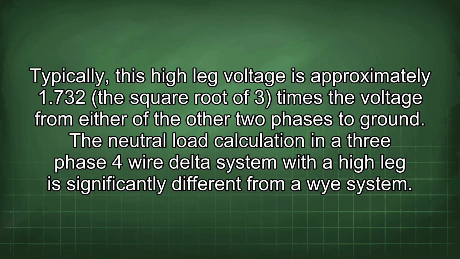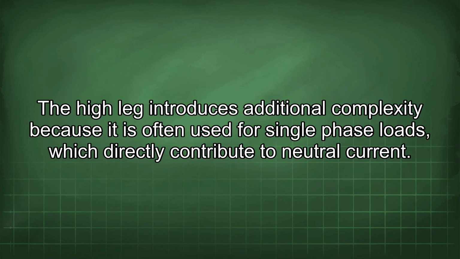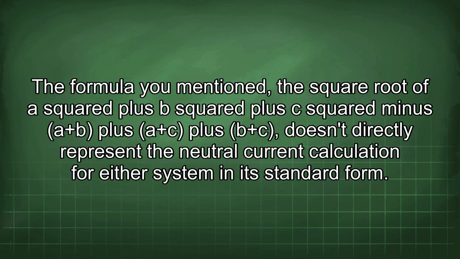The neutral load calculation in a three-phase 4-wire delta system with a high leg is significantly different from a Y system. The high leg introduces additional complexity because it is often used for single-phase loads, which directly contribute to neutral current. The formula you mentioned, the square root of A squared plus B squared plus C squared minus AB plus AC plus BC, doesn't directly represent the neutral current calculation for either system in its standard form.